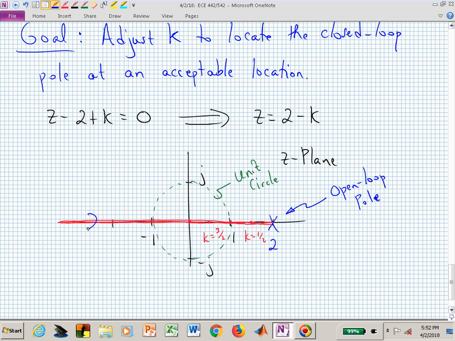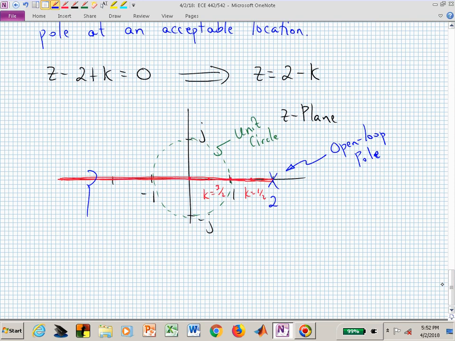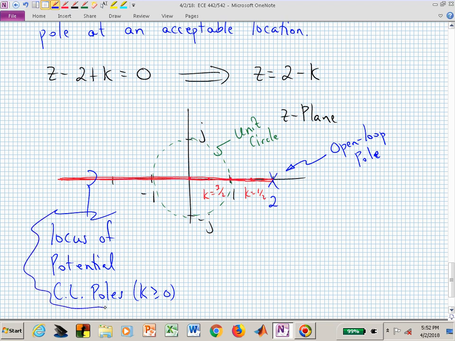We could say that this is now the locus of potential closed-loop poles for K greater than or equal to 0, what I've indicated in red. And we might actually just put an arrow on that.